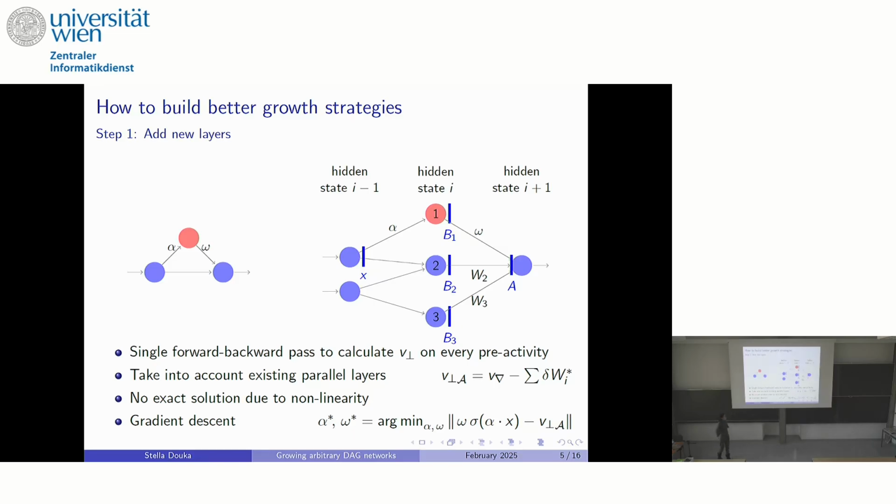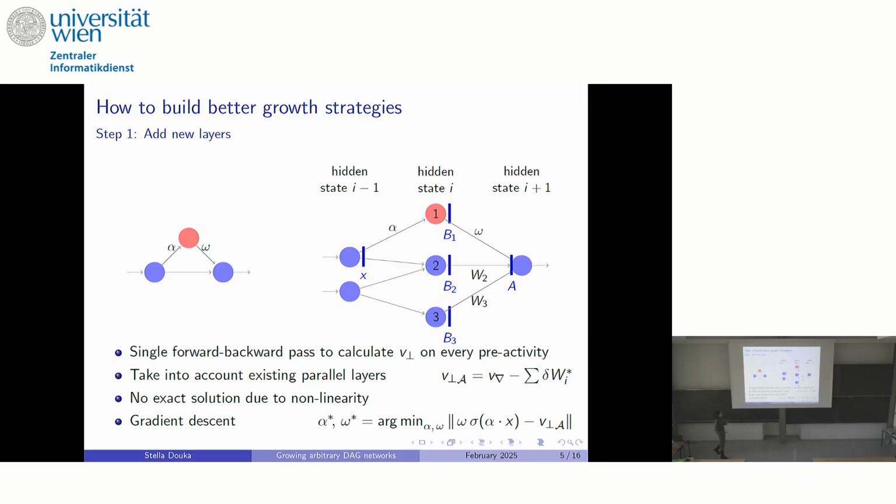Another problem that we encounter here is that we cannot ignore the nonlinearity anymore. In the simple case, when we increased the size of a neural network, we had seen that we can ignore the activation function, but this is not the case here anymore. So in order to calculate these new weights, alpha and omega, we need to use gradient descent. We cannot use an exact solution like SVD anymore.